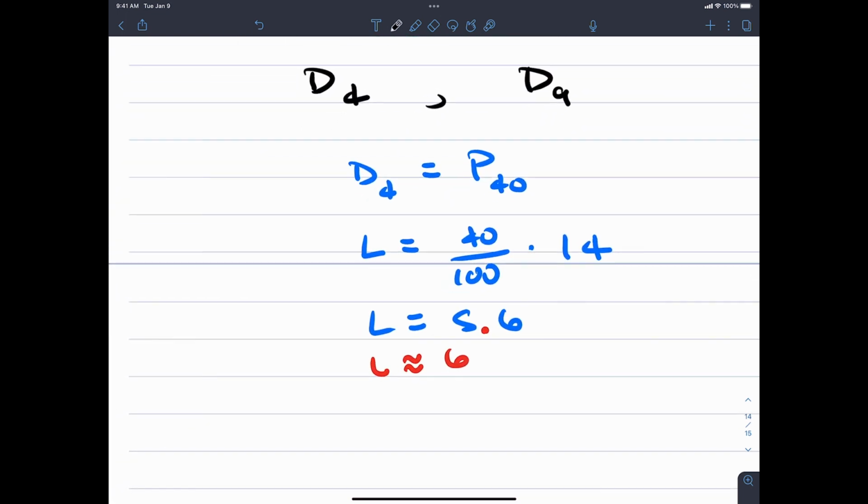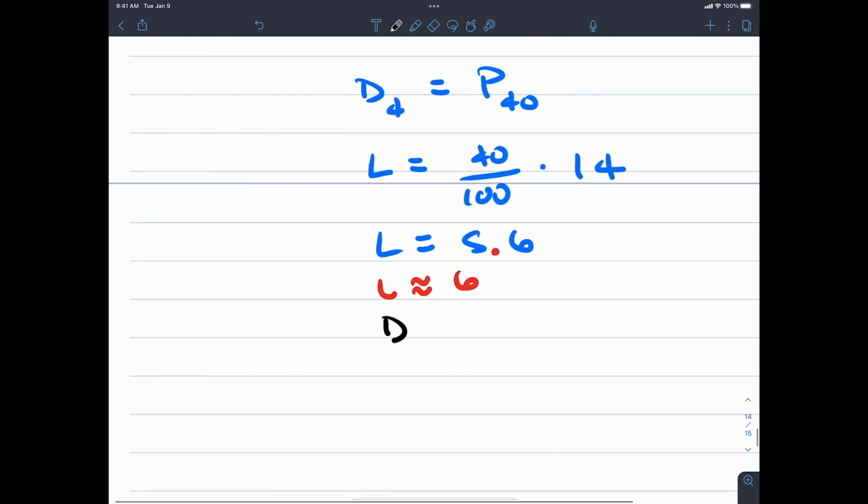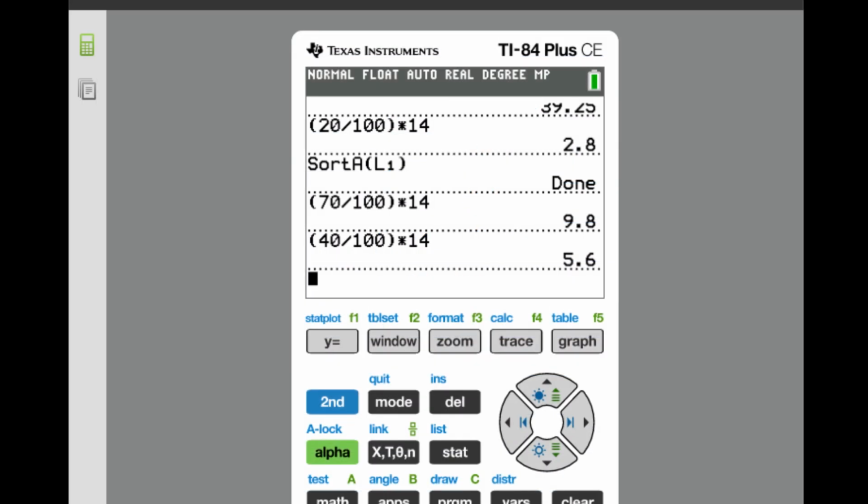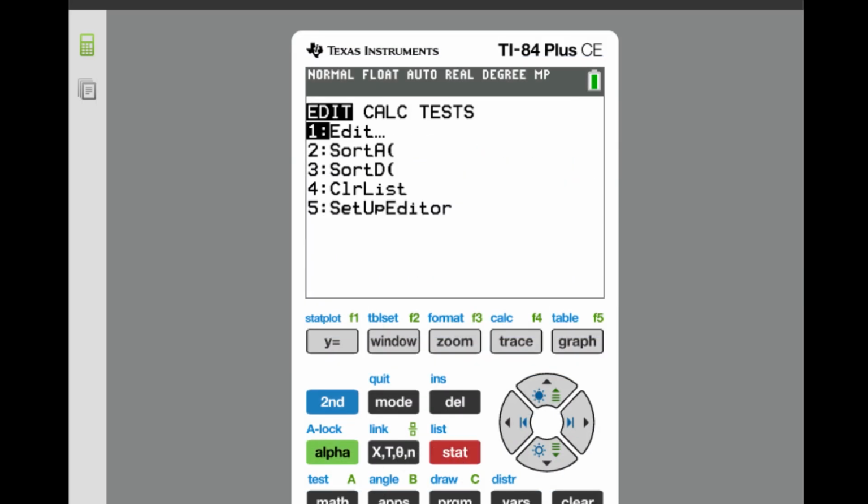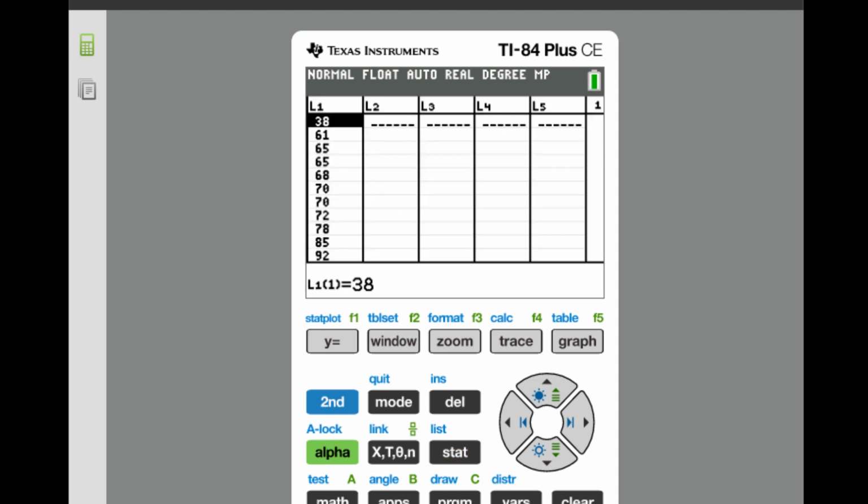The 6th data value in the sorted list. This is going to give me D4. My list is already sorted. How do I get to it? Stat, edit. And then scroll down to 6. And what do you guys get? It is 70.